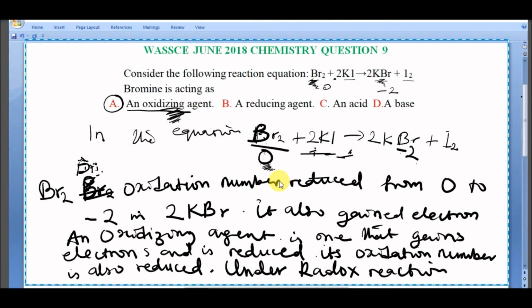If the oxidation number is reduced from the reactant side to the product side, you say that it is an oxidizing agent. Another property of an oxidizing agent is that it gains electrons. That very substance that gains electrons during a reaction, we call it an oxidizing agent. So you can find this topic under redox reaction in your textbook.